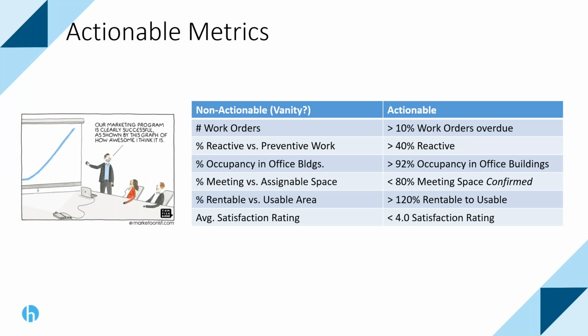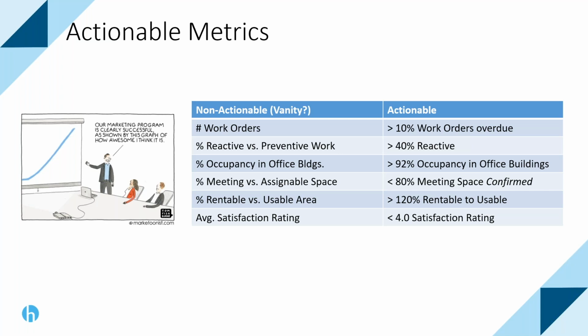One is referred to as vanity metrics, and the other is more actionable metrics. What you want to focus on in any system, at least for the operational side of things, is the actionable metrics. And you can get into this same scenario with Archibus. You can start creating metrics that are really more vanity or non-actionable metrics as opposed to making them actionable.